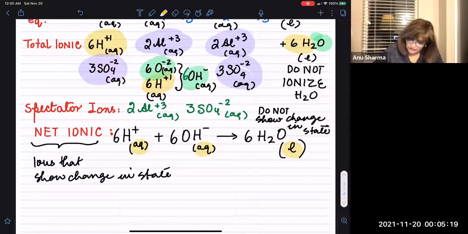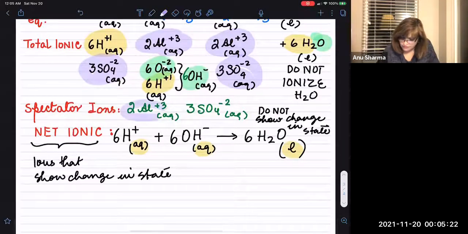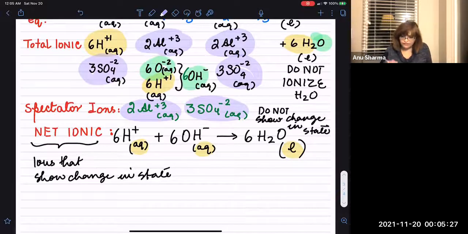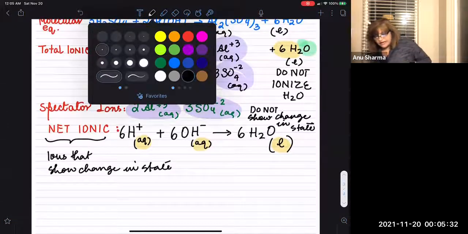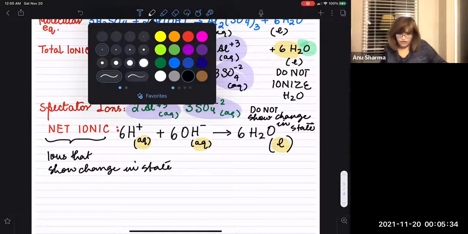But the other ones were not showing any change of state: 2 aluminum aqueous and 3 sulfates aqueous on both sides. So this is your ionic and the net ionic equations. Net ionic equation is always going to be between water and, you know, hydrogen and OH ion, always. Okay, so the same thing, you're going to write a balanced equation for the reaction between sulfuric acid and potassium carbonate. Just remember that anytime there are carbonates or bicarbonates, water and carbon dioxide are produced.